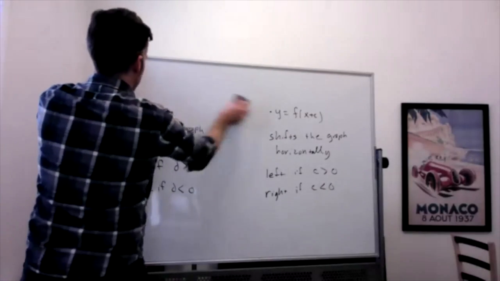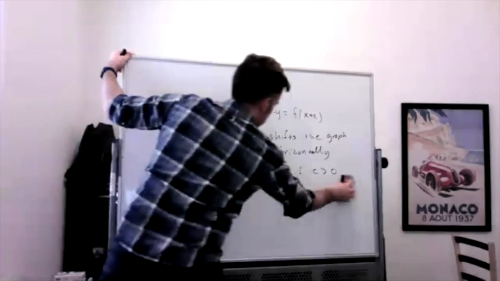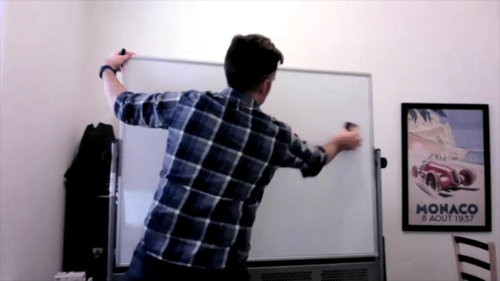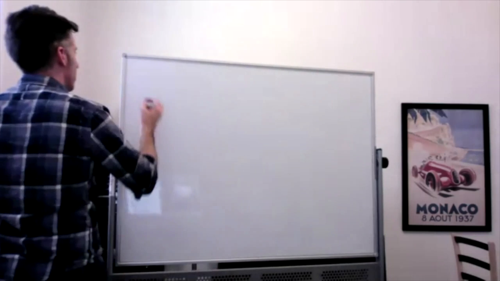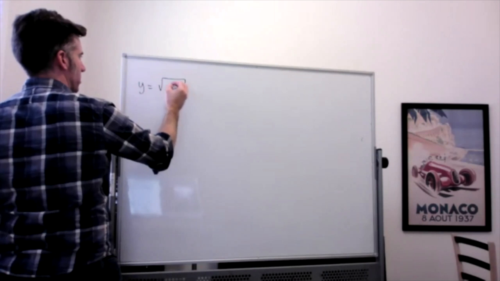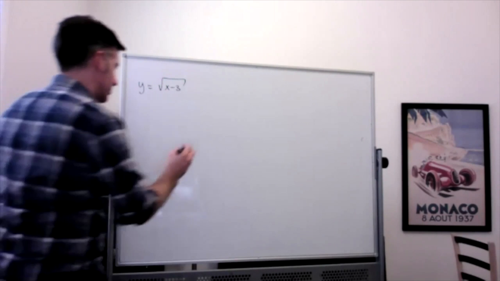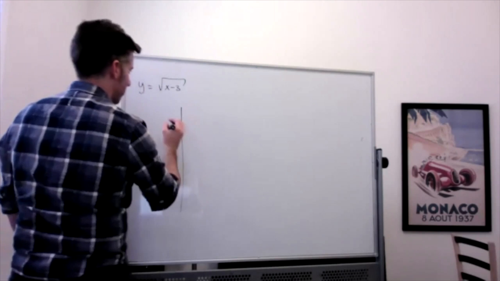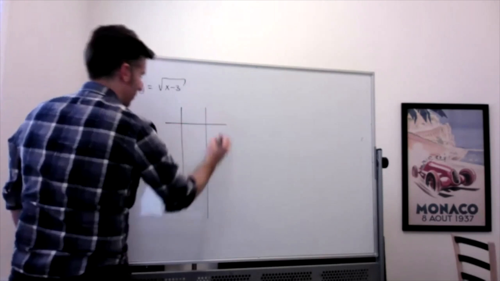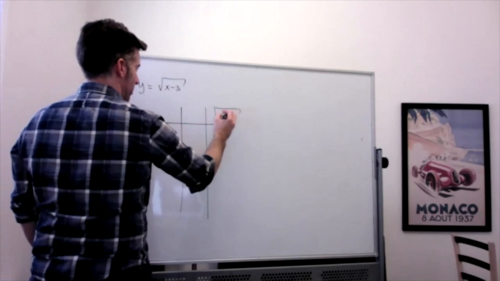Let's look at something like y equals the square root of x minus 3. Here's the way I think about this. Usually, if I was trying to graph the square root of something, I'm making my table.